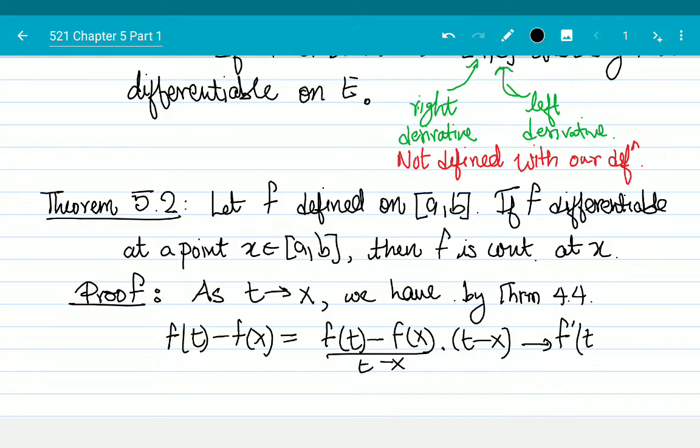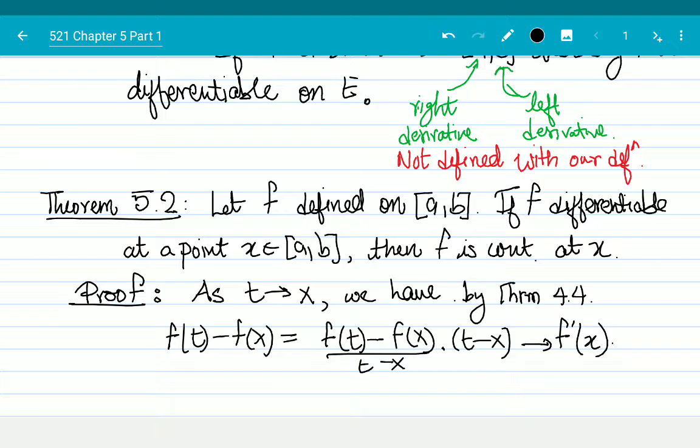This is going to f prime of x, which exists by definition, and is finite.